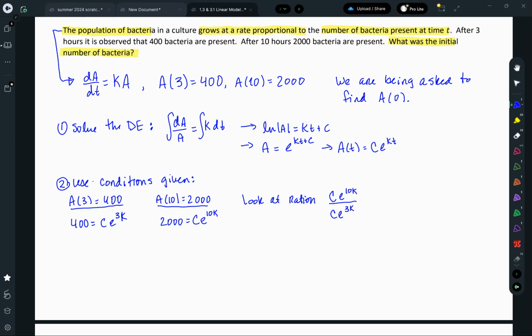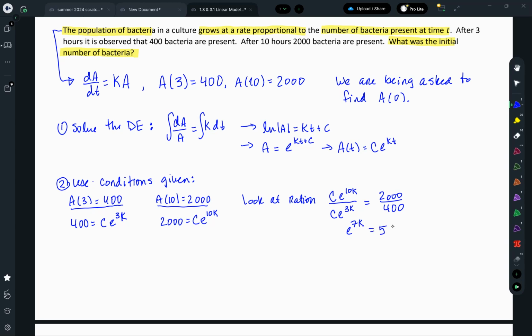So we're saying C e to the 10k is to C e to the 3k as 2,000 is to 400. So we can always look at ratios like this when we're dealing with some of these growth rate problems or decay rate problems. And the idea here is that those C's are going to cancel. Those divide out, and e to the 10k over e to the 3k becomes e to the 7k, which will equal, it looks like, 5.